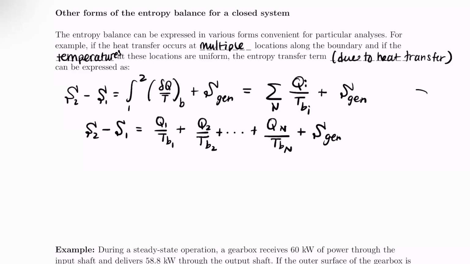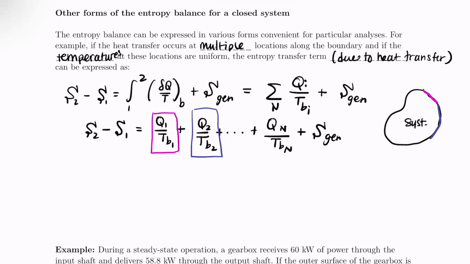All right, so what we have here is essentially a system, and we have a bunch of little boundaries where different things are happening. So if that's our little boundary 1, then maybe we have boundary 2, and so on and so forth, all the way up to the nth boundary, this guy. And so what we have here is a temperature and a heat transfer at these different locations.